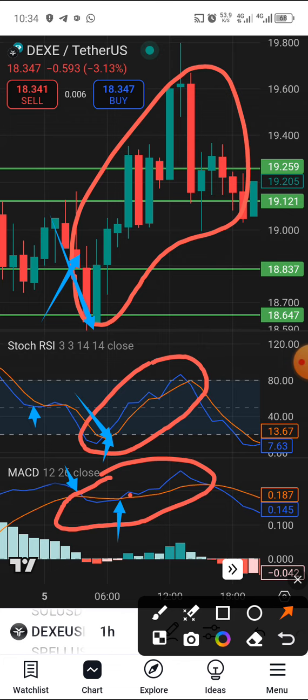It predicts the market within a longer period of time. Like, in most cases, it will never provide a false signal. That's the only difference between the real-time indicator and a lagging indicator.